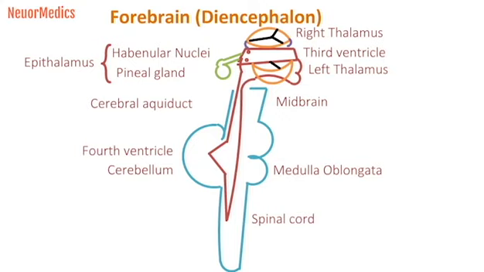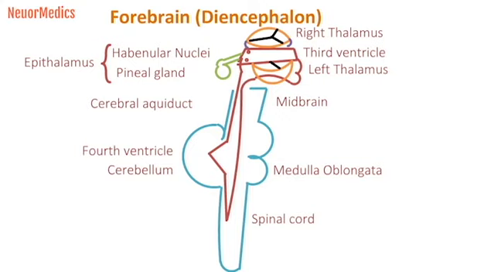On the back of the third ventricle, there is a median swelling called the pineal gland or pineal body. Okay, let me repeat it. On the side of the third ventricle, there are thalami, right thalamus and left thalamus. On the back side, there is the pineal gland or pineal body.